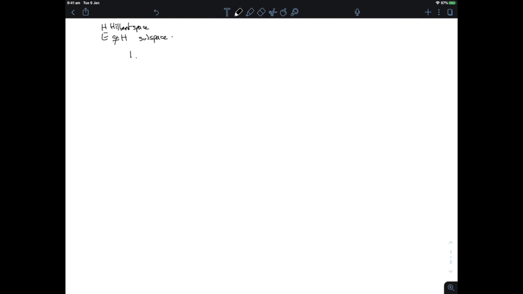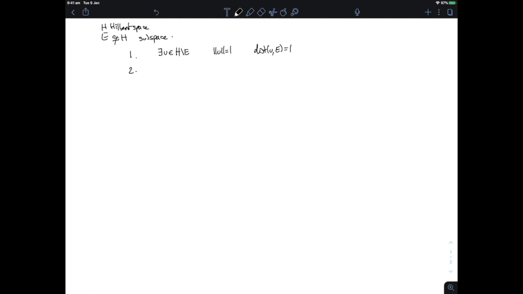And we're going to prove two things. The first thing is that you can always find a U in H, but not in E, that has norm 1 and such that the distance between U and E is exactly 1, right? So you can always find vectors on the unit sphere that are far enough away from any subspace that is not the whole space.